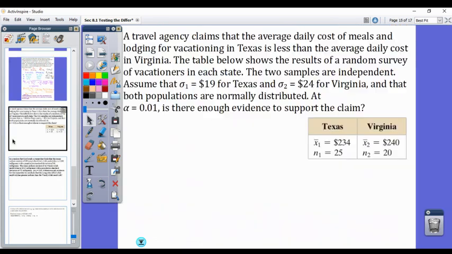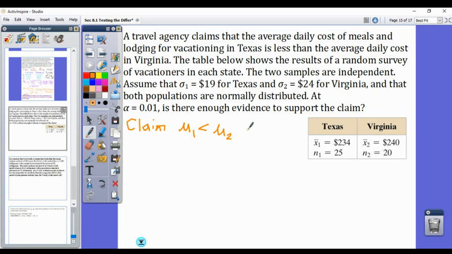Okay, so for the next example, we have a travel agency claim that the daily costs of meals and lodging for vacationing in Texas is less than Virginia. Okay, so in this case, our claim is that Texas is less than Virginia.